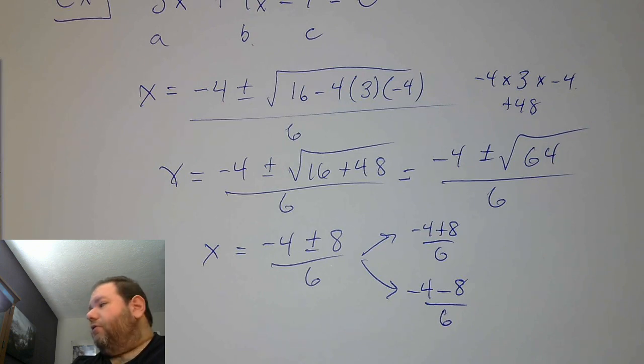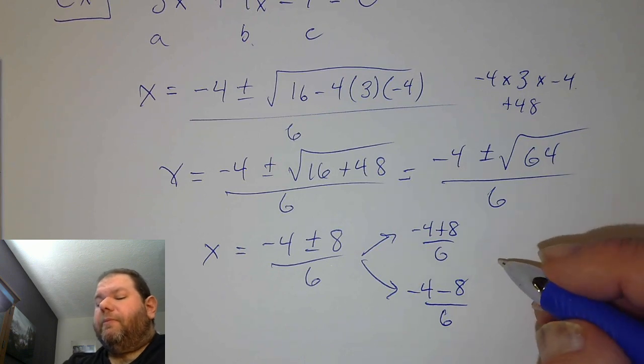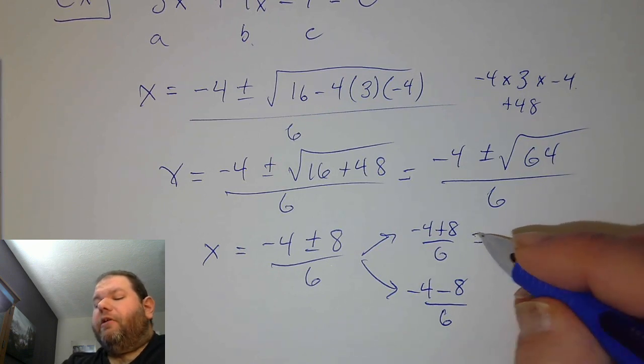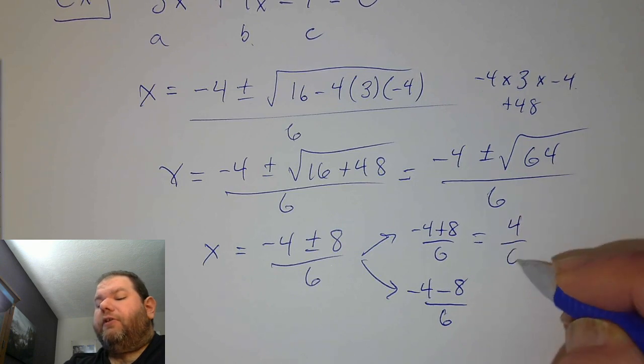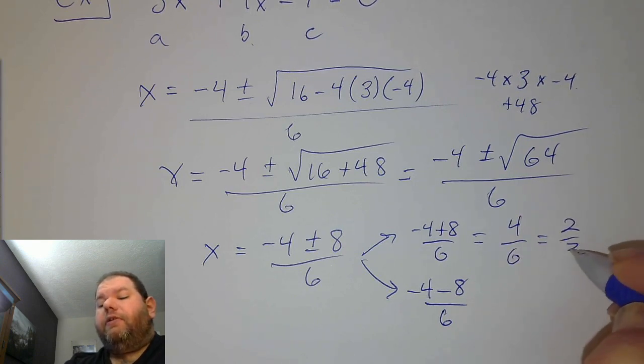Yeah, and if you do know a different method and you're comfortable using that, then that's perfectly fine. Like this one turned out to be factorable, so if you wanted to factor this and you're comfortable doing that, absolutely, it's good. So here, negative 4 plus 8 is 4 over 6, which we know is 2/3.